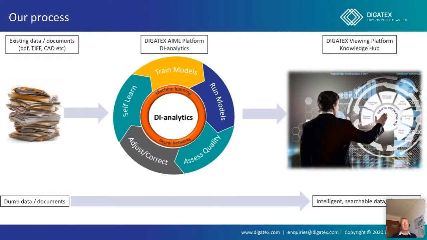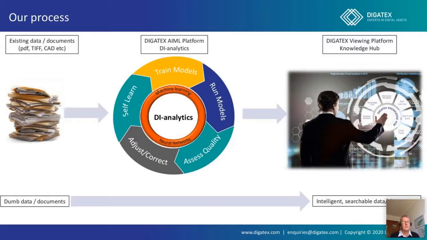All right, so what is the process? How do we actually work? Well, what we do is we take engineering data or documents, data in all sorts of unstructured formats, such as material master data, which is very unstructured, or schedules. And we take documents in all sorts of formats, such as PDF, TIFF, CAD, scanned images, photo images, whatever you like.